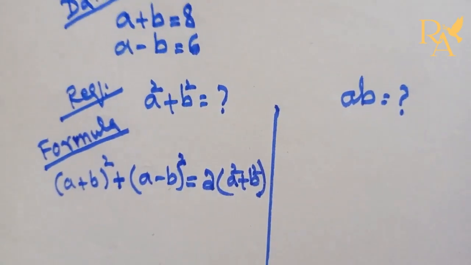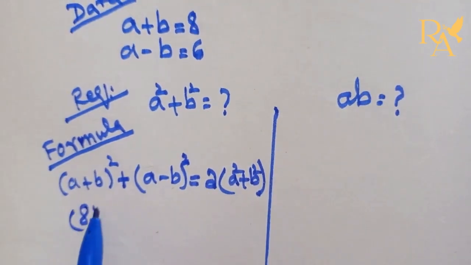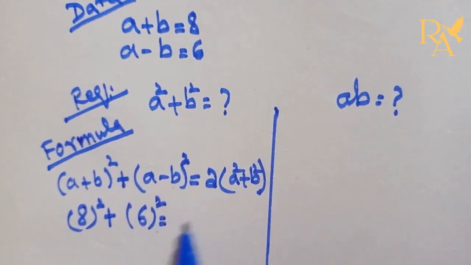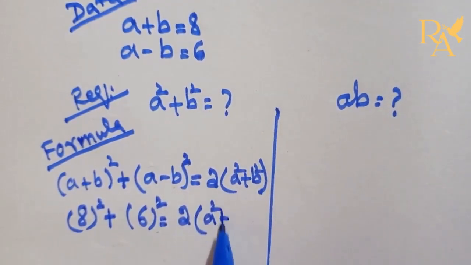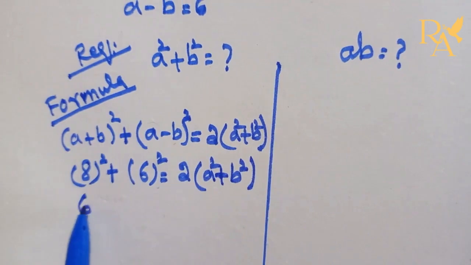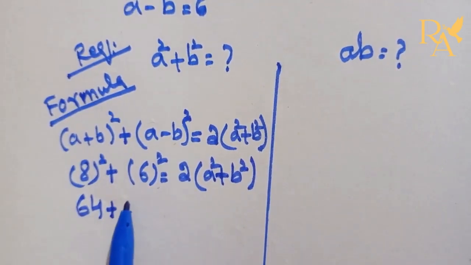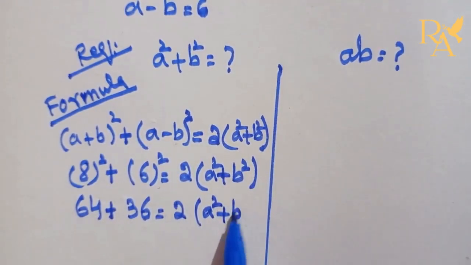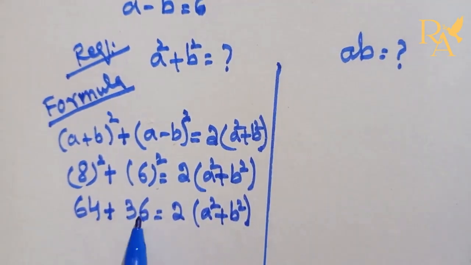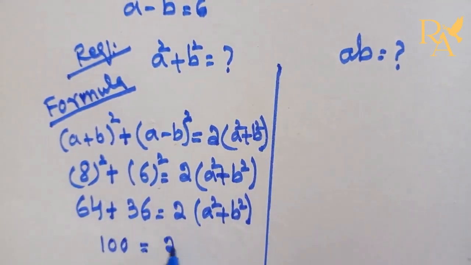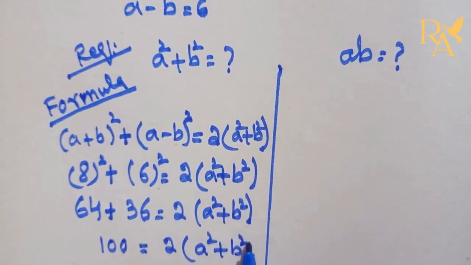A plus B is 8, so 8 square, plus A minus B is given as 6, so 6 square, is equal to 2(A square plus B square). 8 squared is 64 plus 6 squared is 36 is equal to 2(A square plus B square). 36 plus 64 is equal to 100, which is equal to 2(A square plus B square).